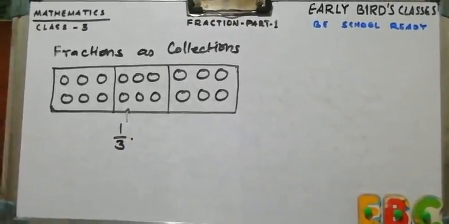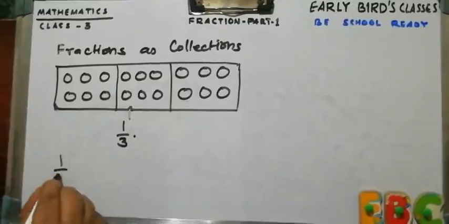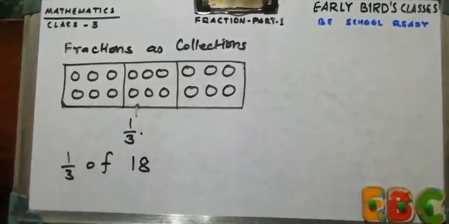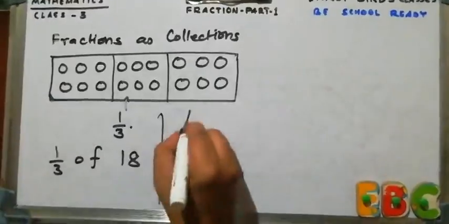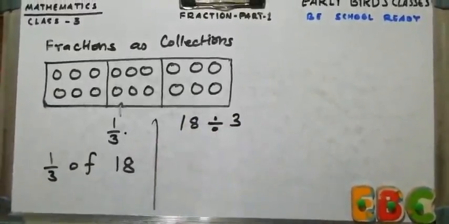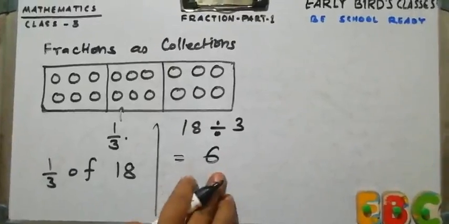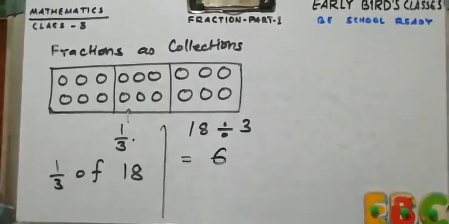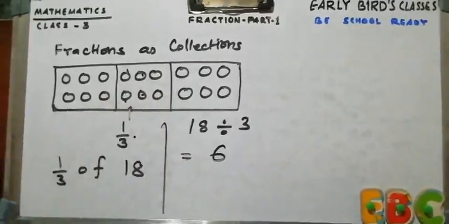So we have to actually calculate what is the 1/3 of 18, right? So it will be 18 divided by 3, so it is 6. So each part will have 6 balls, and see here, 1 2 3 4 5 6, right?